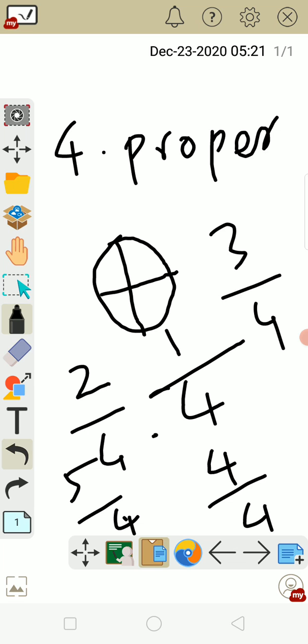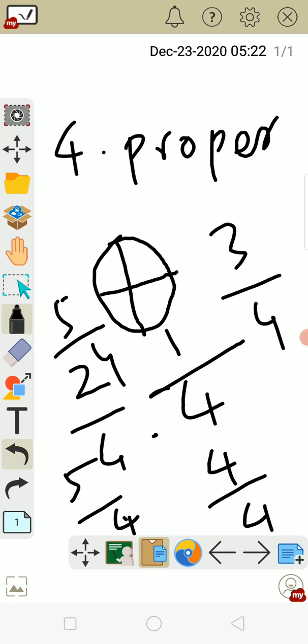Not possible. So if you write like this, 5 upon 4, it's not a proper fraction. That's the fourth fraction type. Proper fraction means what? In the given fraction, the numerator must be less than the denominator. The denominator is always the bigger number, and the numerator is always small compared to the denominator. That fraction we call a proper fraction.